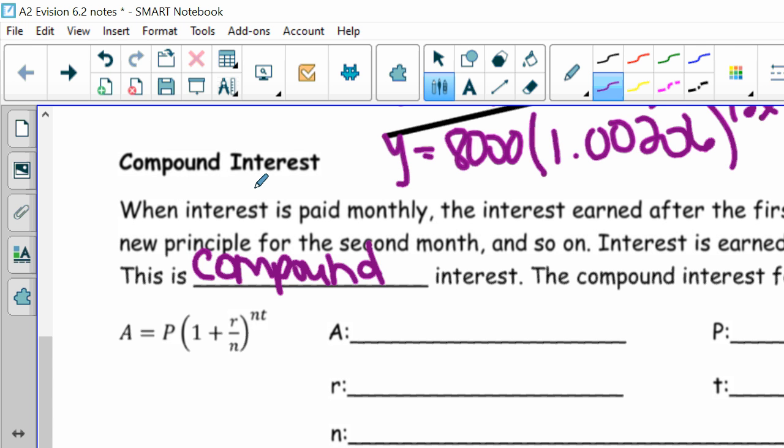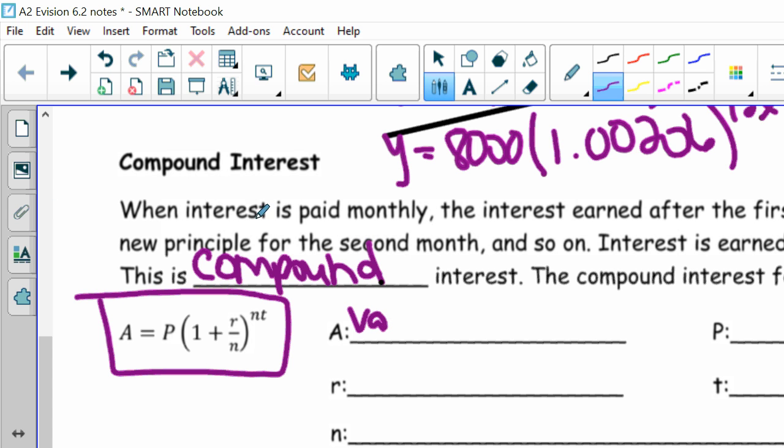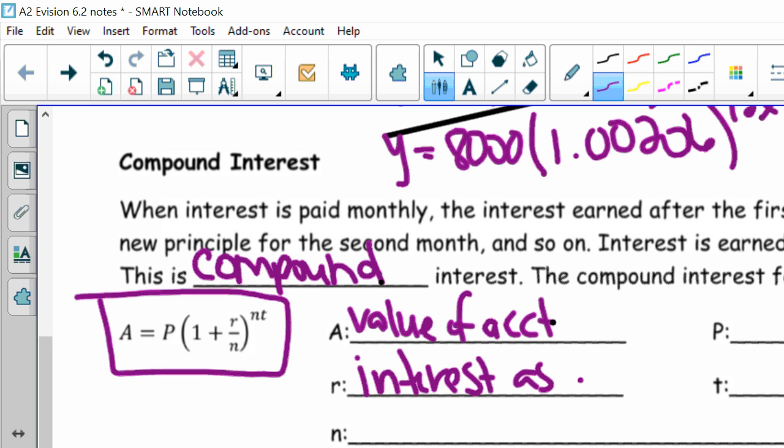The compound interest formula is an exponential model. This is the formula for compounding interest: A equals P times 1 plus r divided by n, all of that to the nt power. A is the value of the account after t years. r is the interest rate as a decimal.